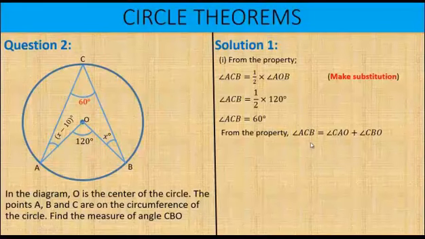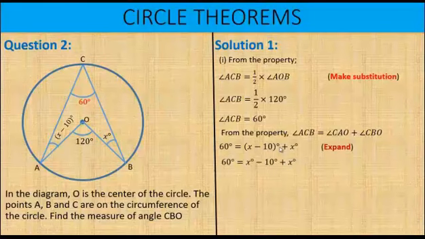So we write that 60 degrees is equal to angle CAO, which is (x minus 10) degrees, as you see here, plus x degrees, and that x degrees is for angle CBO. So that is already written.